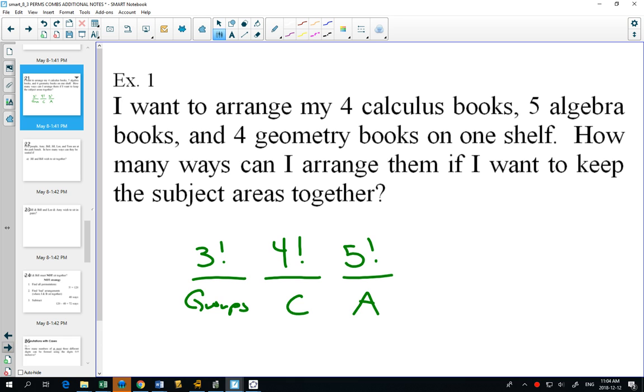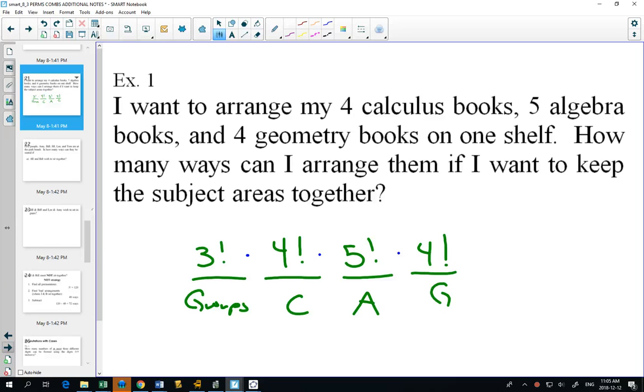They can be arranged in 5 factorial ways. And finally, my geometry books in 4 factorial ways. Multiply all of those together, and we get the total number of ways. The groups are together. This would be the total number of ways they could be arranged on a shelf.